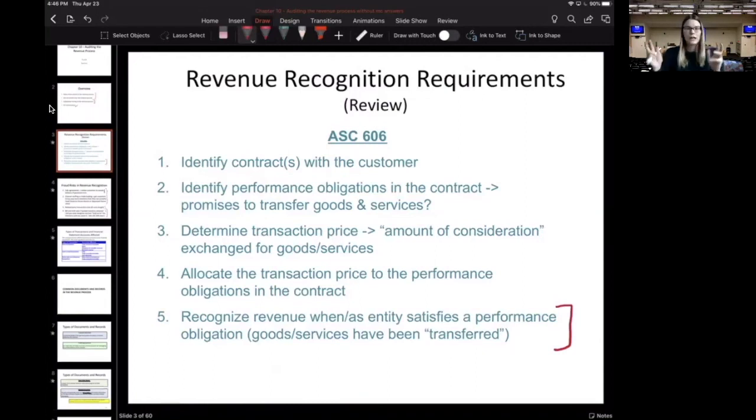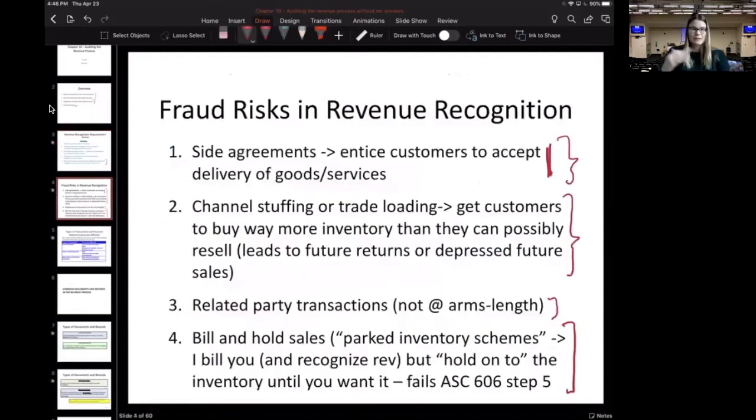I should be transferring my goods and services. So that's not happening here with the bill and hold scheme because I haven't actually transferred anything, right? Literally all I have done in a bill and hold scheme is said, sure, I'll sell you that, and I billed you, right? But I have actually done nothing in reality to fulfill my side of the bargain.